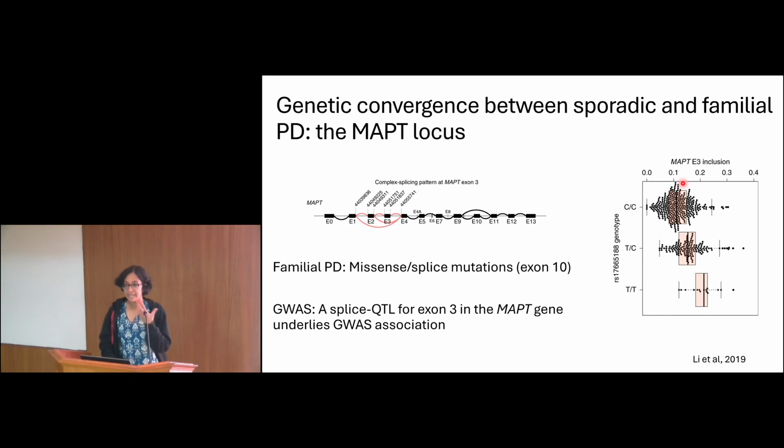So this is a splicing variant that has been associated with PD, and gives us another potential mechanism by which genetic variation at this locus can lead to PD. From familial studies, it was primarily splicing at exon 10 that was associated with PD, but adding these population-based studies gives us more mechanisms that connect the gene with the phenotype.